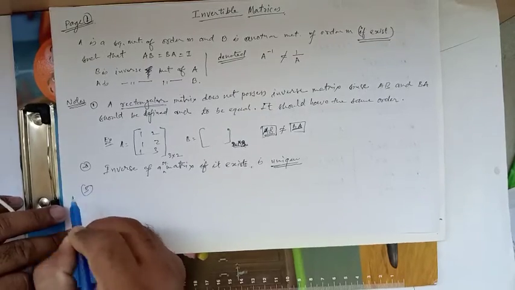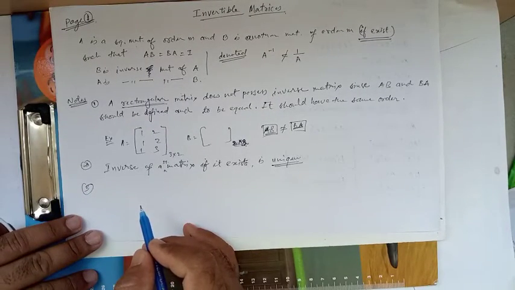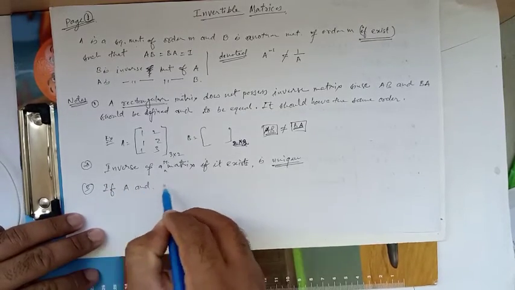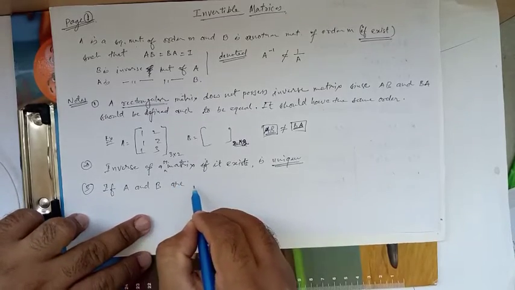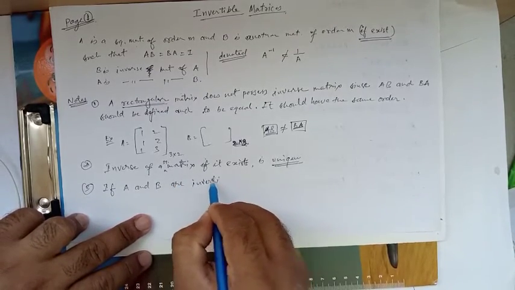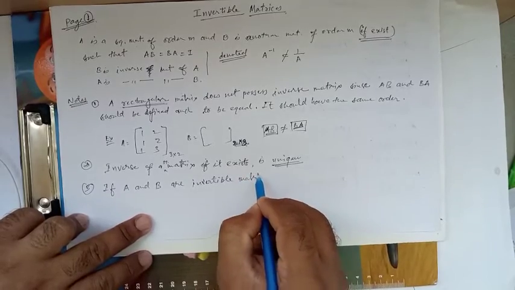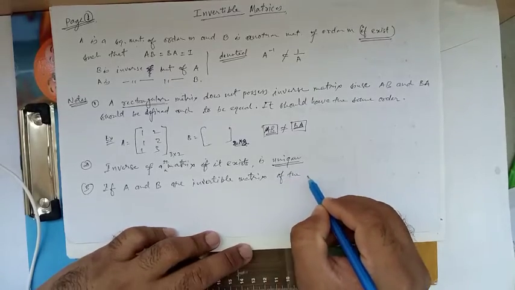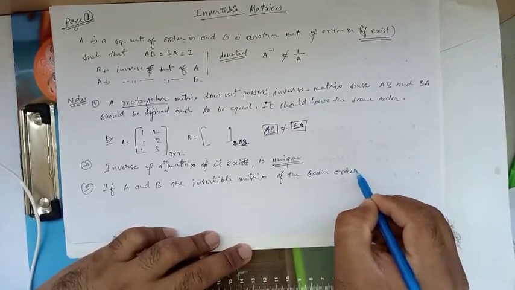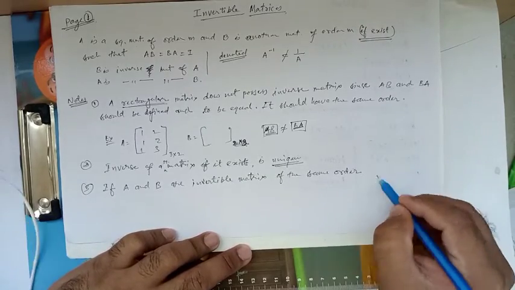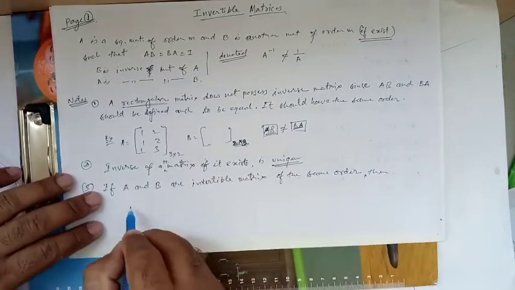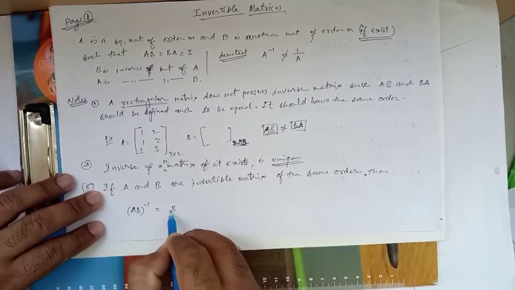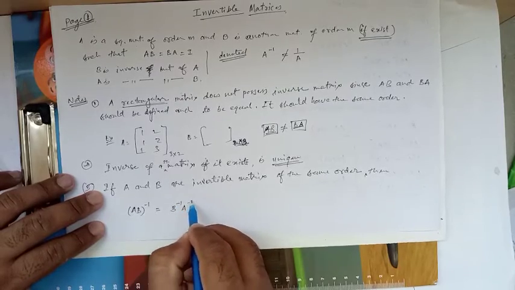Next point is the third point. If A and B are invertible matrices of the same order, then AB inverse can be written as B inverse A inverse.